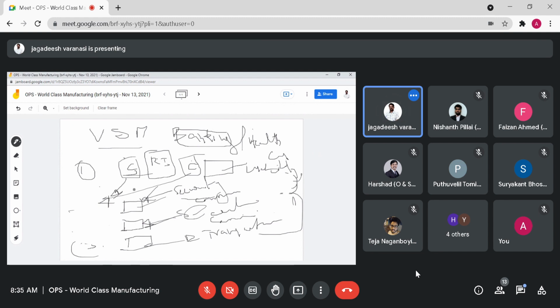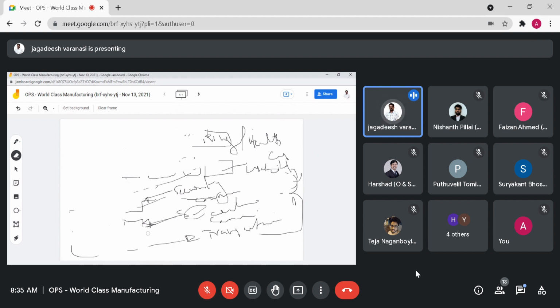Okay, no problem. This is just with reference to the service sector. Just think of what the features and parameters are, and identify and arrange them in a sequence of order for a specific service sector as far as value stream mapping is concerned.